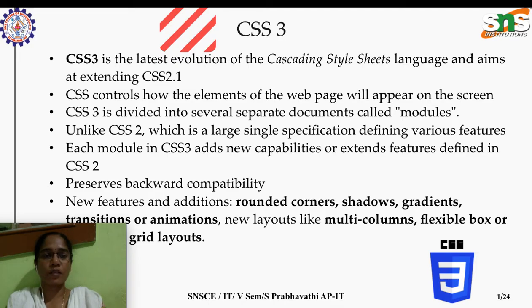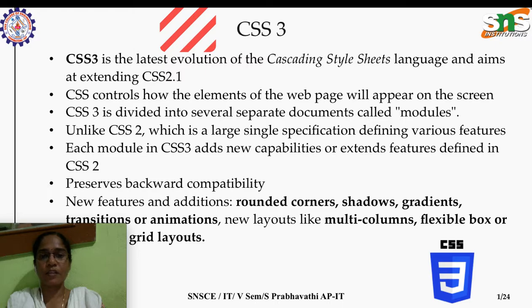It is used to control how the elements in the web page are displayed, is it not? It will style the elements, whereas HTML plays the backbone of the web page, CSS makes it more presentable.